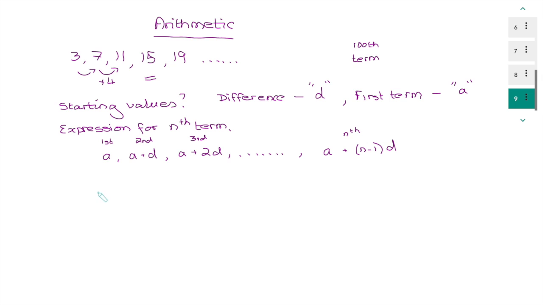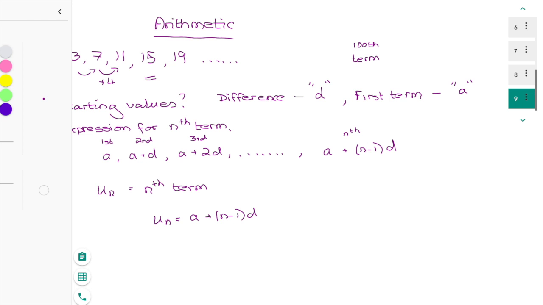Usually with sequences, it's common practice to use u n to represent the nth term. Okay, so that's often what you'll see. So if we just write this down, we've got u n equals A plus n minus 1 D. Now I don't think you need to learn this formula, because if you just think about what the sequence is, it becomes fairly obvious what that formula is.